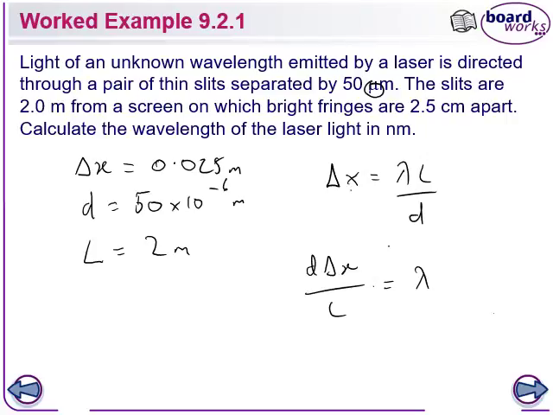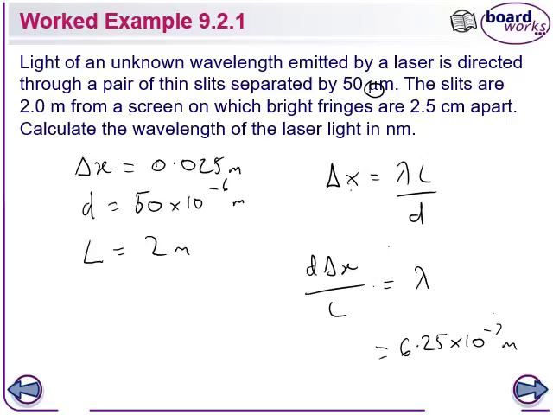We get d of 50 times 10 to the negative 6 multiplied by 0.025 divided by 2. Okay, and I get 6.25 times 10 to the negative 7 meters.